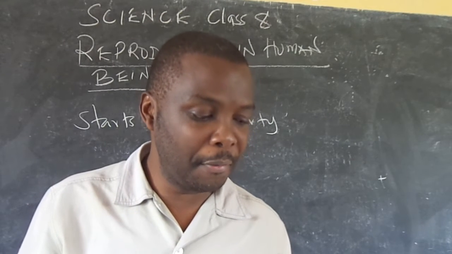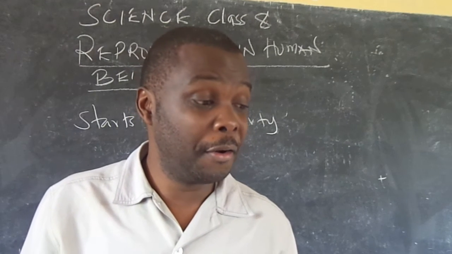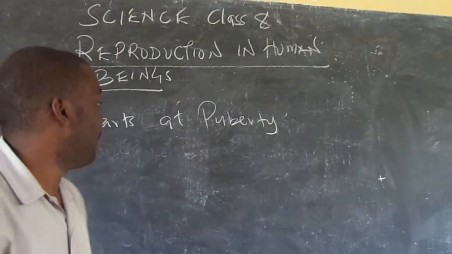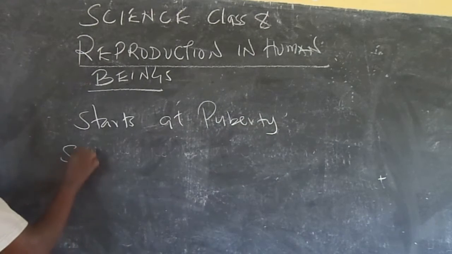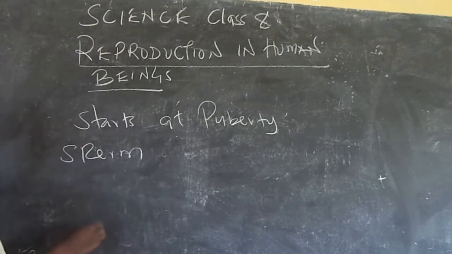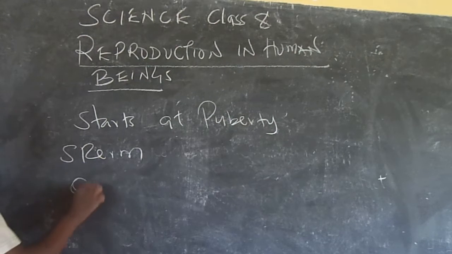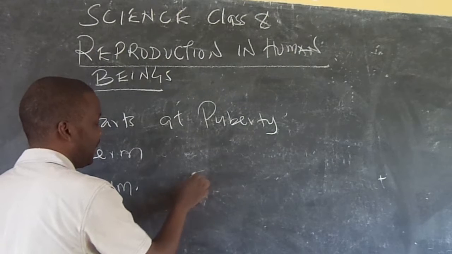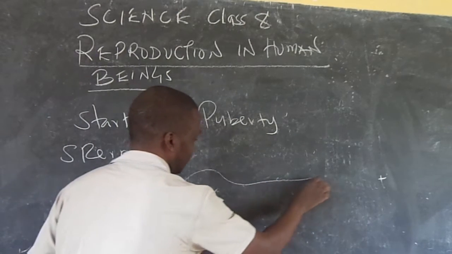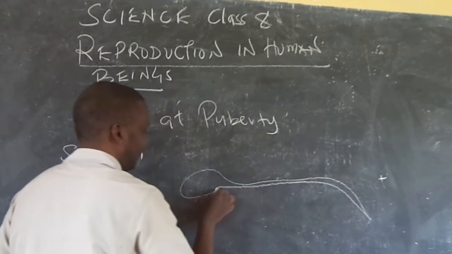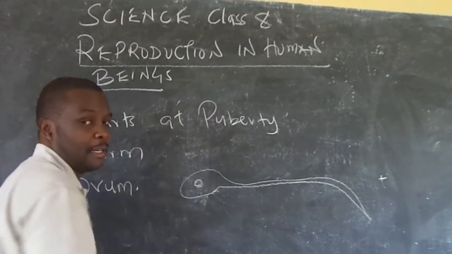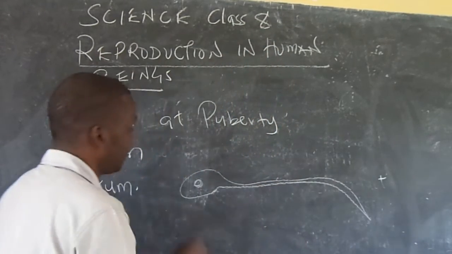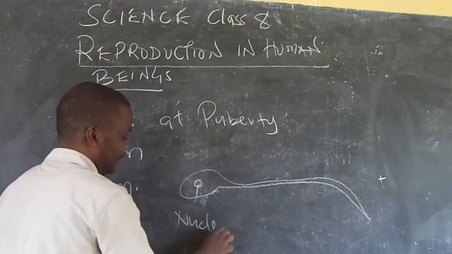Now, we say that for reproduction to take place, you should have the two sex cells. The male should produce what you call the sperm, and the female should produce what you call the ova. Now, when I'm talking about the sperm, the sperm looks like this. This part you call the nucleus.